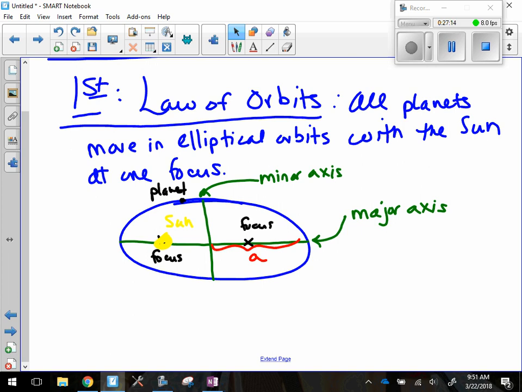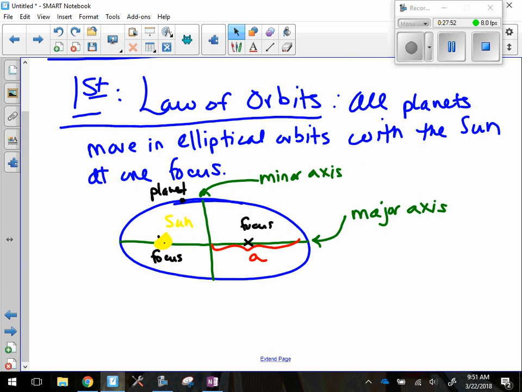What's really happening, which we figured out later, is that the two objects actually orbit in ellipses around each other, and their foci overlap at the center of mass of the solar system. And it does only a tiny little bit of a wobble because the sun is so massive that the center of mass of the solar system is very close to the center of the sun, because it is the most massive object in our solar system by far.